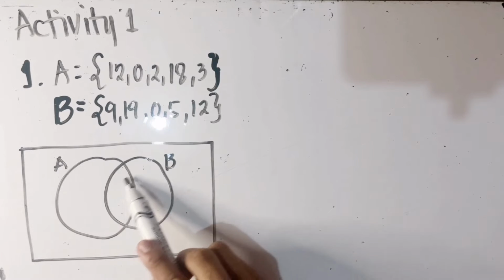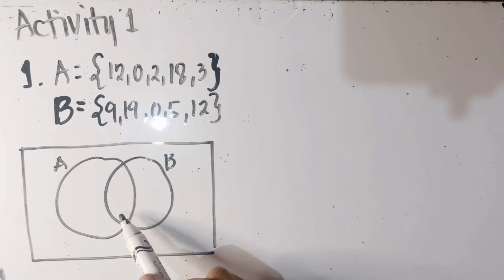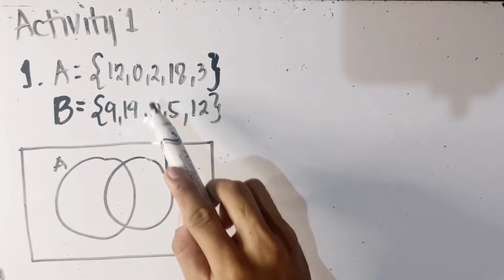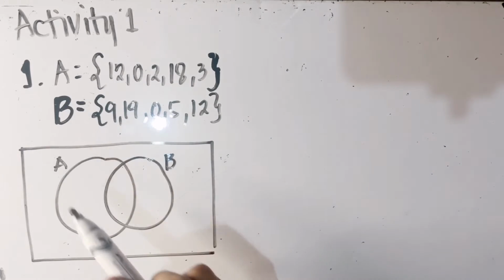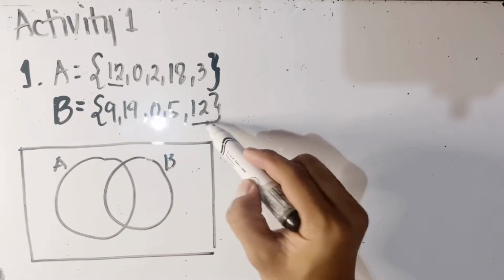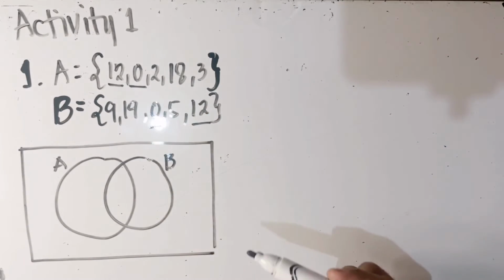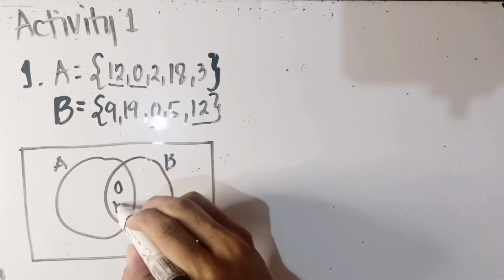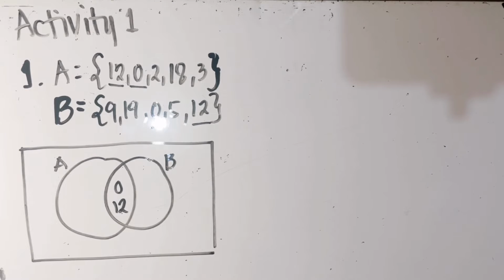Again, there is an overlapping part. The overlapping part is the numbers that are repeating in set A and B. The numbers that are repeating are 12 and 0. So you will write 0 and 12 in the middle part.